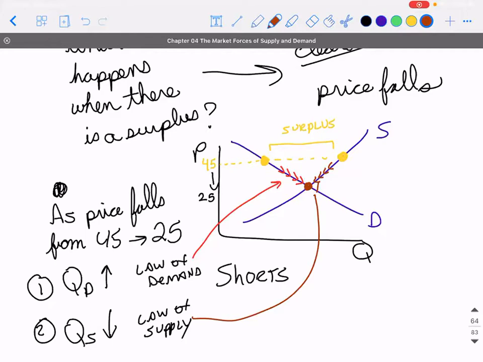Again, that's the red. People buying more as the price falls. And for sellers, they're like, I thought I was going to get 45. Now I'm only getting 25. Okay, I'll still make some, but I'm not going to make as much as I was going to make when I was getting 45. And so you get that twin movement.